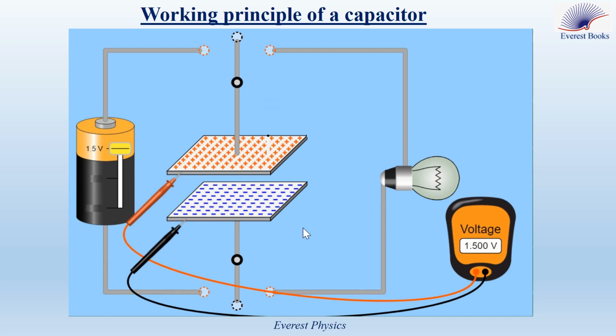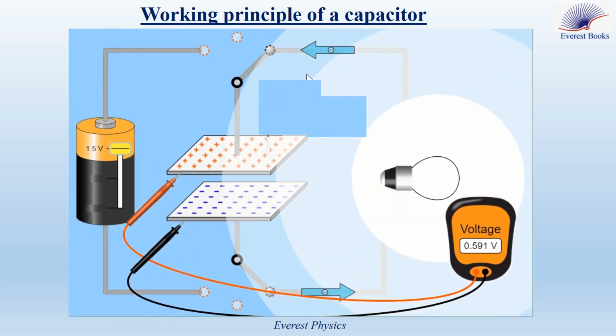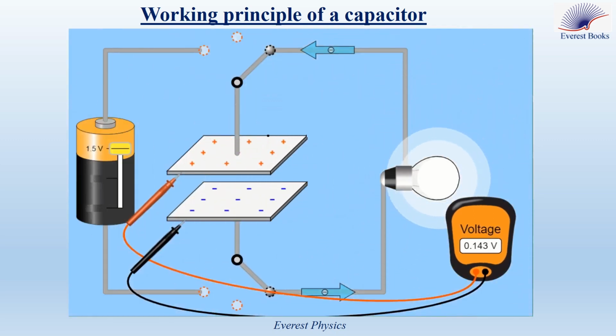Now observe what will happen when we connect this charged capacitor to this lamp using this switch. We observe that the lamp glows for a certain time interval and then it dies out.